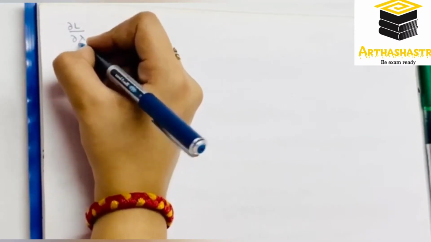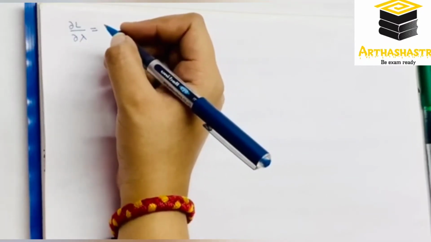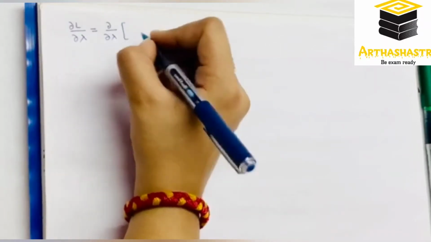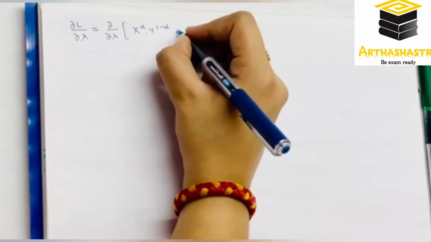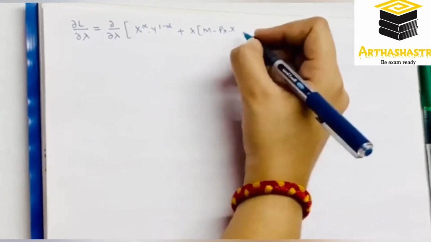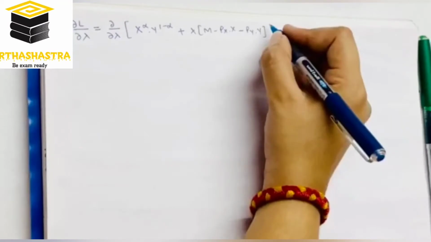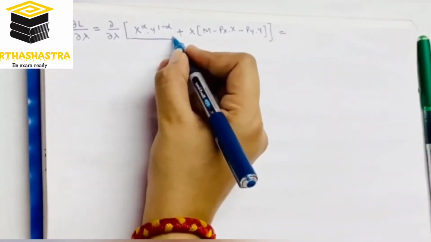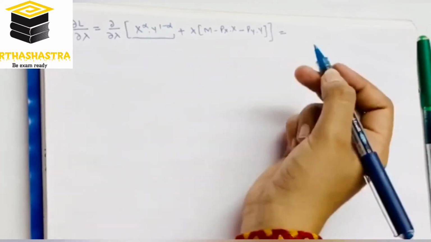Del L by del lambda: the entire utility function does not contain lambda, so its derivative with respect to lambda will be 0.